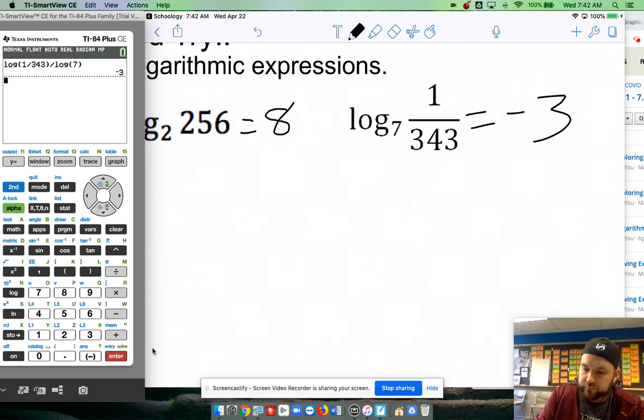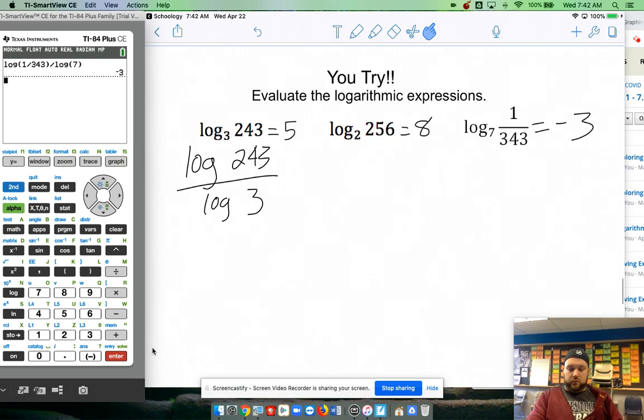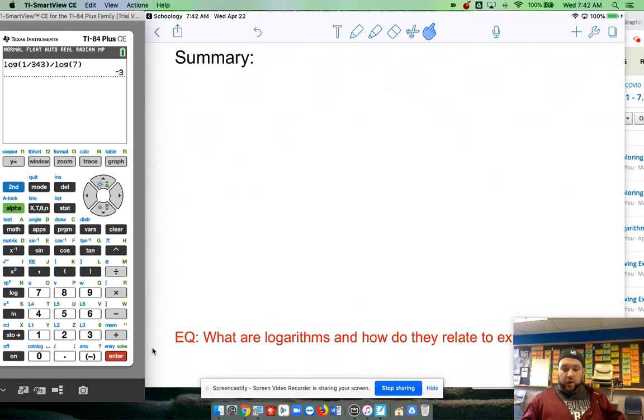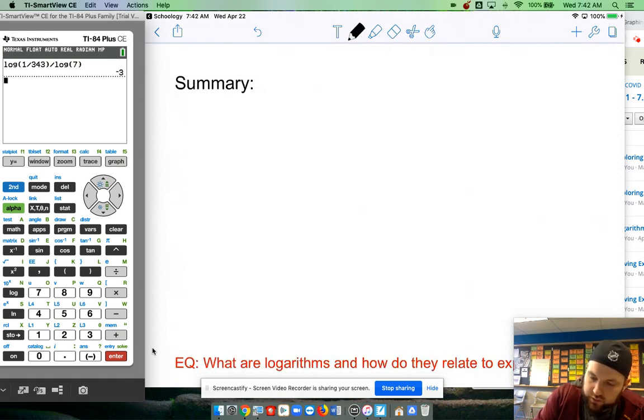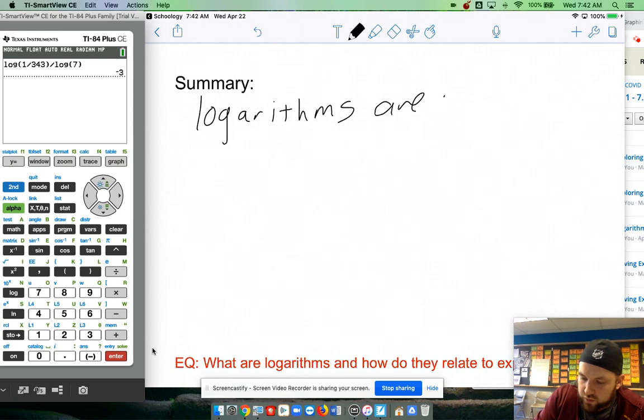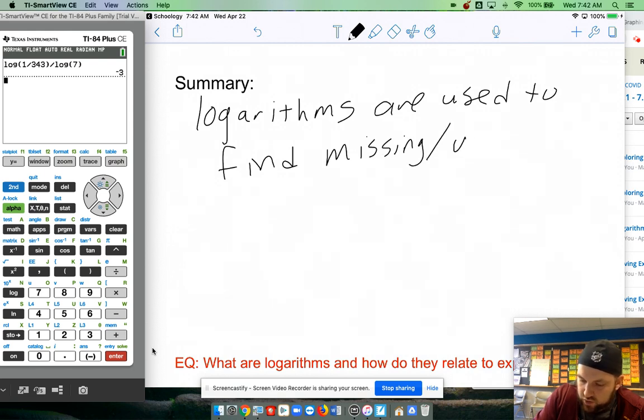Okay. So to summarize, what are logarithms? How do they relate to exponents? Okay. Logarithms are used to find missing or unknown exponents.